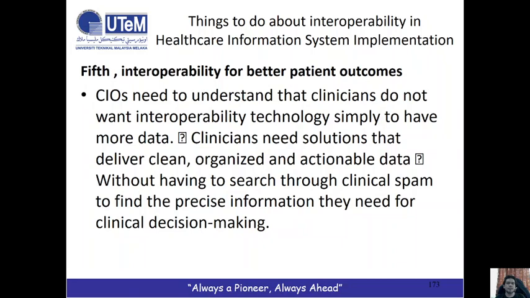Fifth is interoperability for better patient outcome. That means you need to identify which services involve a lot of patients. The objective of computerization of the system for a certain industry is to give a benefit to the user or to your customer. So a patient is a customer for a healthcare provider.